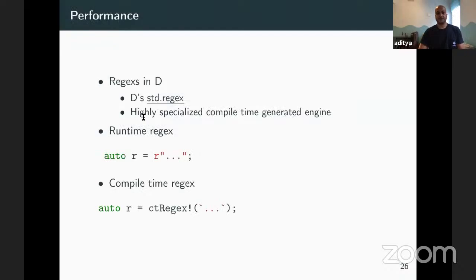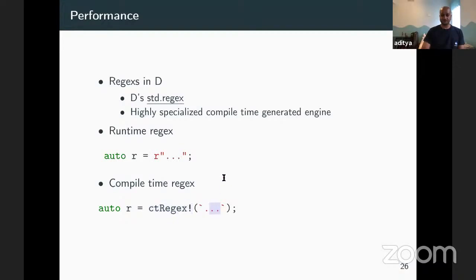Here's another example. We have regular expressions in D, right? So in D's standard regular expression library, there are two ways of parsing a regular expression. One is at runtime, and one is at compile time. At runtime, you place the regular expression where these dots are with this R. At compile time, you use the ctRegex bang template and place it inside of these backticks.